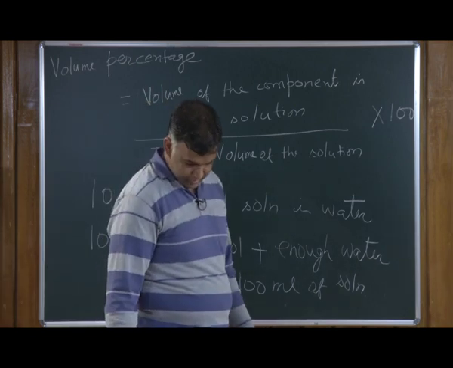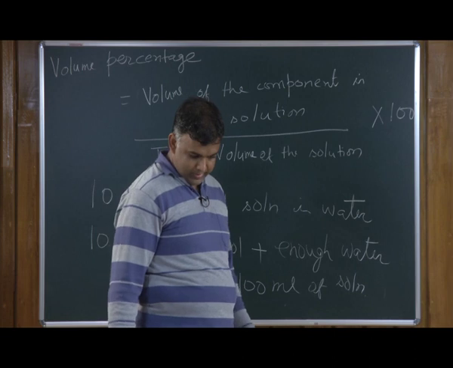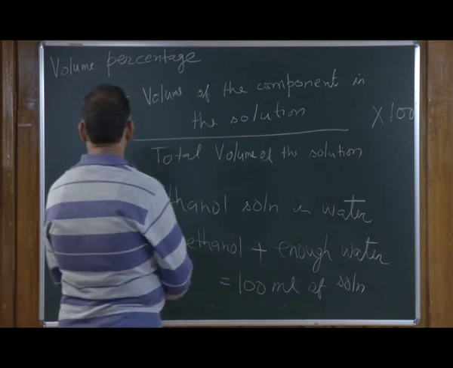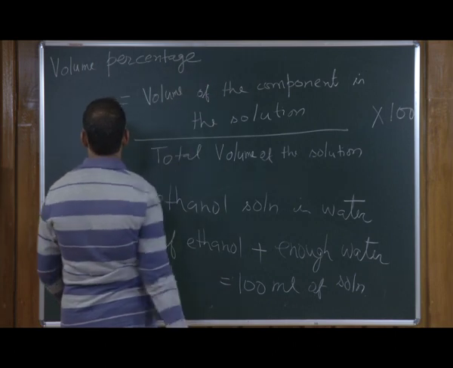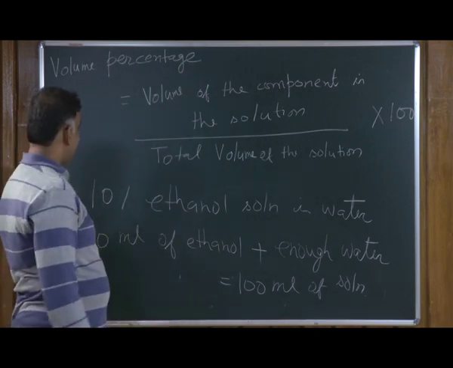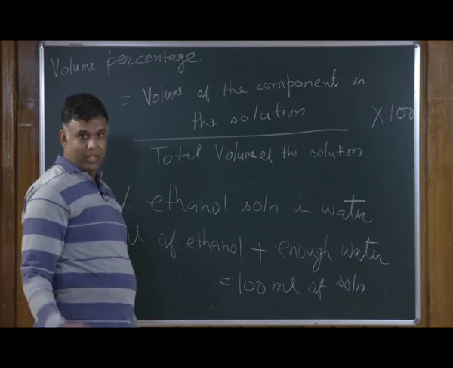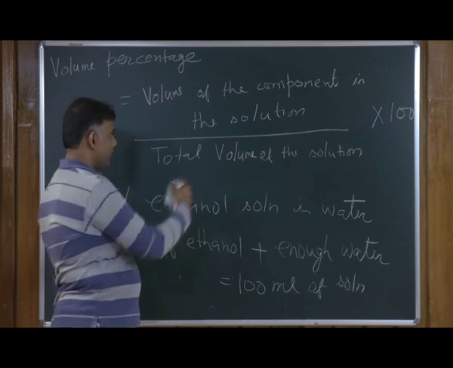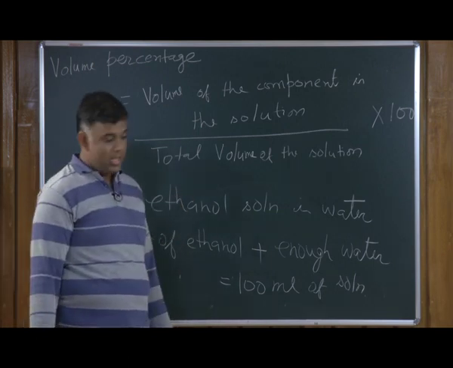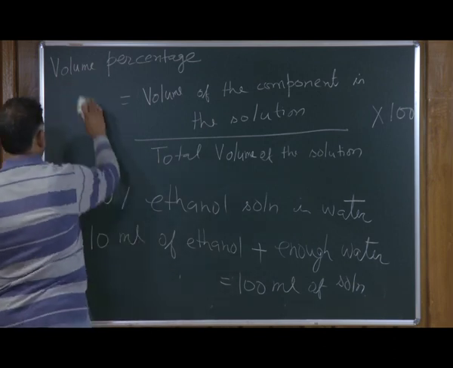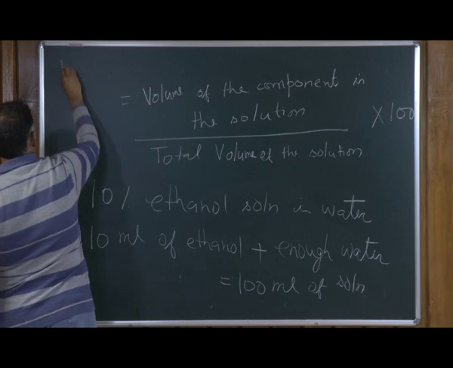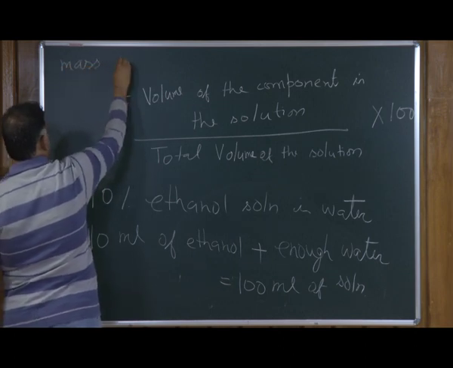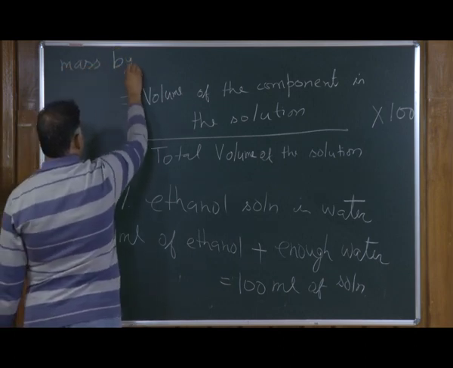Okay. So, the next unit to be discussed is mass by volume. We have already discussed mass by mass, that is mass percentage, volume by volume, that is volume percentage, and next one is mass by volume.